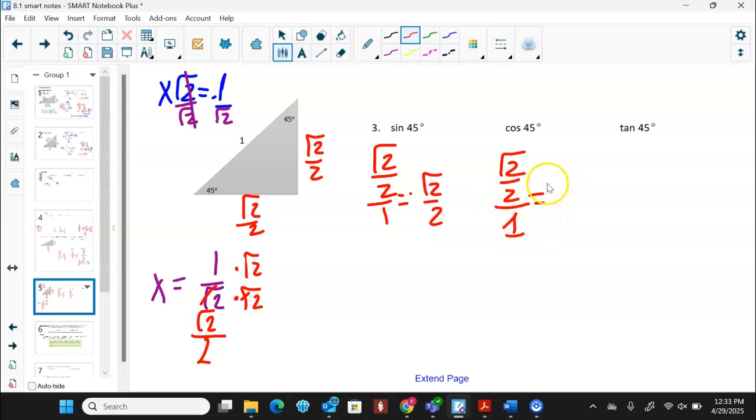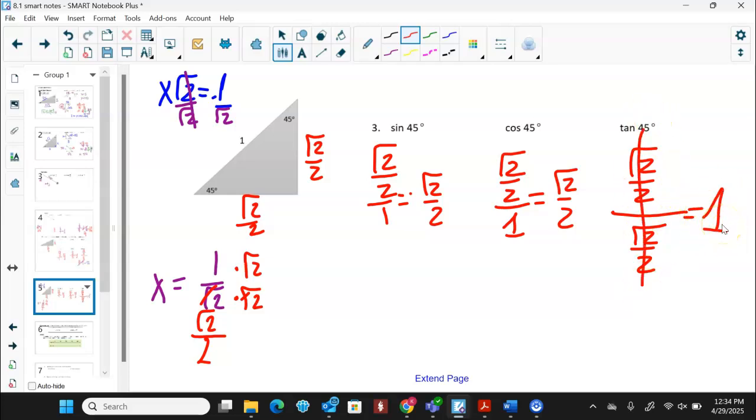That's also going to be square root of 2 over 2. And then tangent is going to be our opposite over adjacent. So opposite, it's square root of 2 over 2 over square root of 2 over 2. And hopefully you will know that this is 1. Okay?